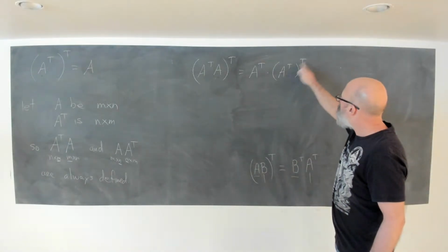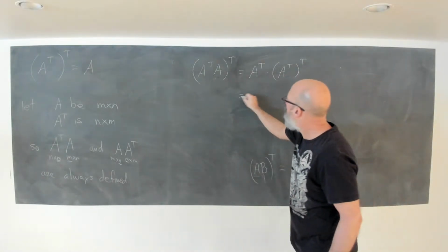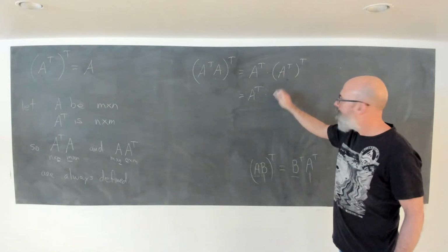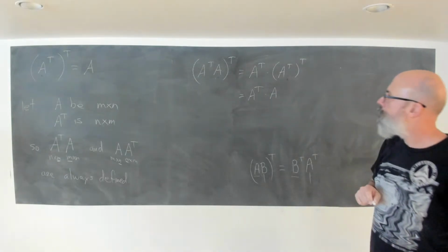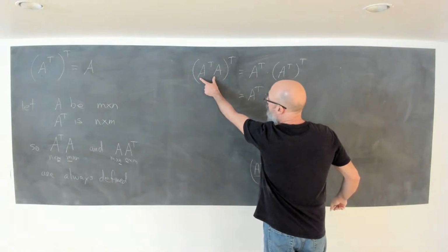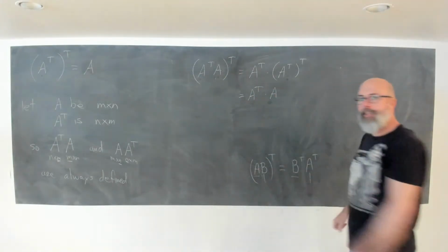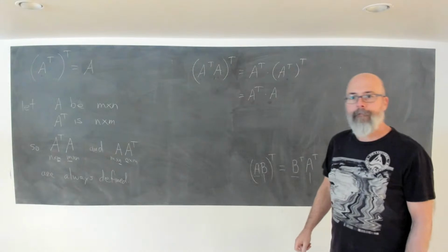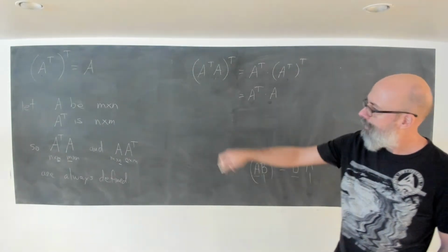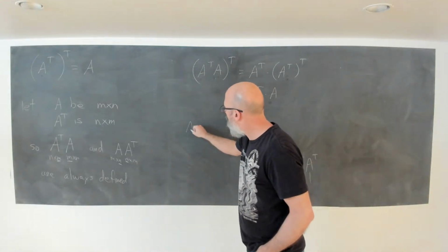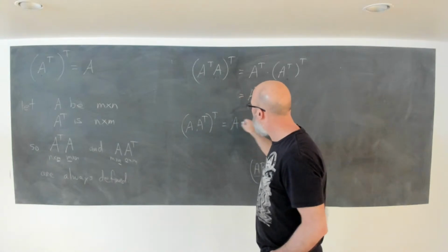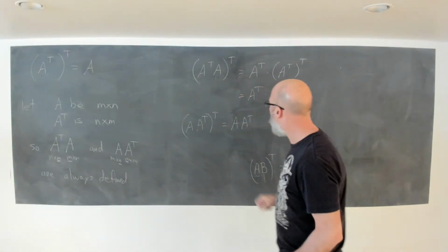But A transpose transpose is the original matrix A. So the transpose of this matrix is just itself. Isn't that nice? And I'll let you do the other one. But the transpose of this is just itself again.